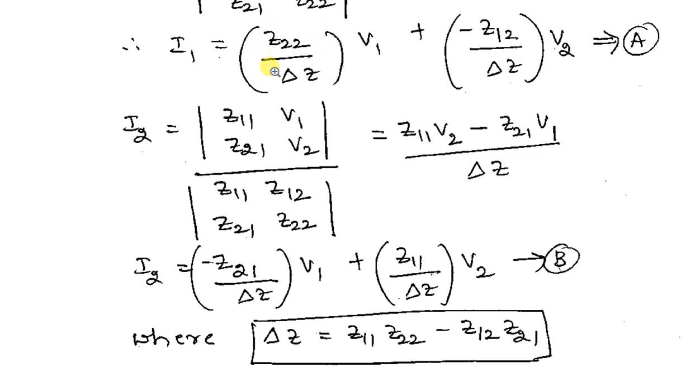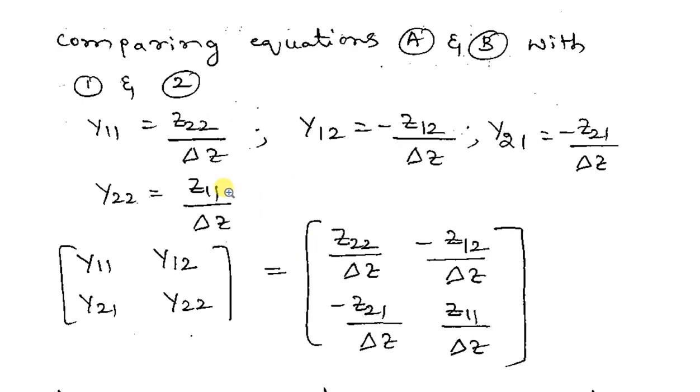So this is your Y11, this is Y12, this is Y21, this is Y22, and delta Z is the determinant of the original Z matrix. Comparing equations 5 and 6, or A and B, with equations 1 and 2, we get Y11 equals Z22 by delta Z. So we expressed Y parameters in terms of Z parameters.